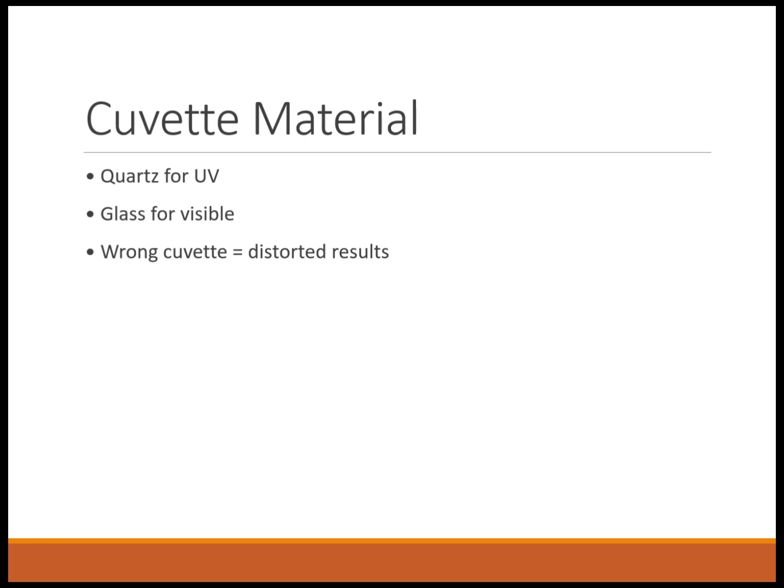And cuvette material is also a factor. Cuvette material is extremely important. Quartz cuvettes must be used in the UV region because glass absorbs strongly in the UV region. Glass or plastic cuvettes can be used only for visible regions.